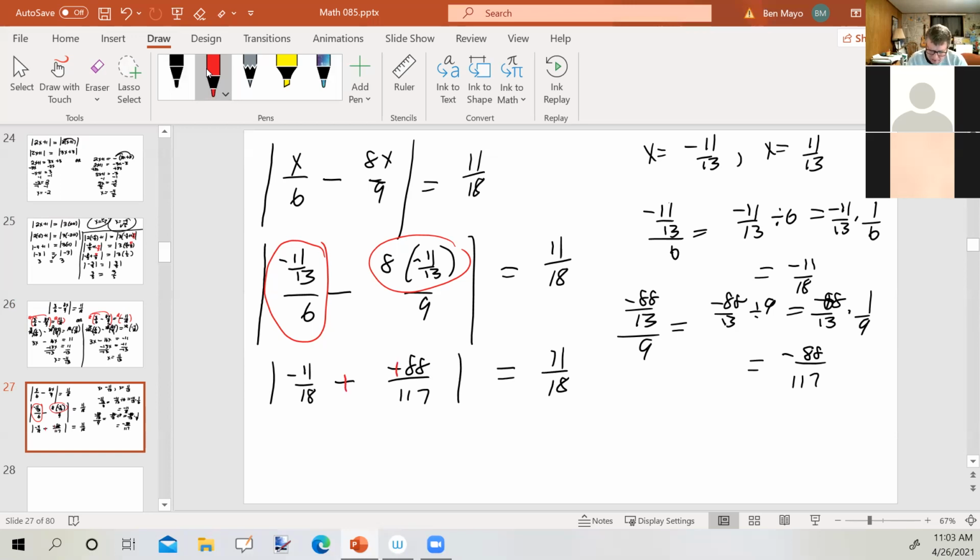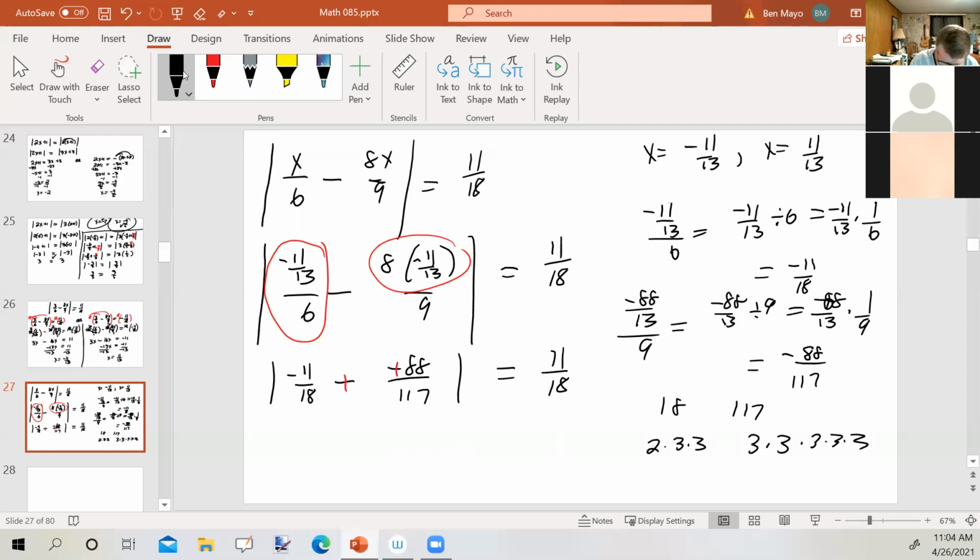But we need a common denominator between 18 and 117. Let's see, 18 is 2 times 3 times 3. 117 is, let's see, 3 times 3 times 3 times 3 times 3? Is that right? 3, 9, 27, 81.